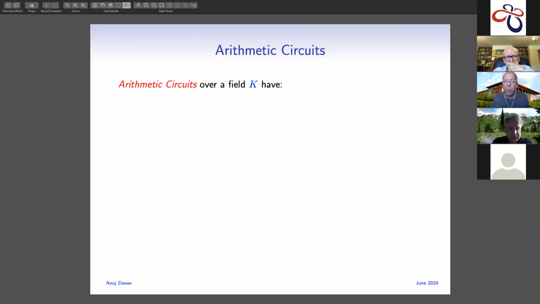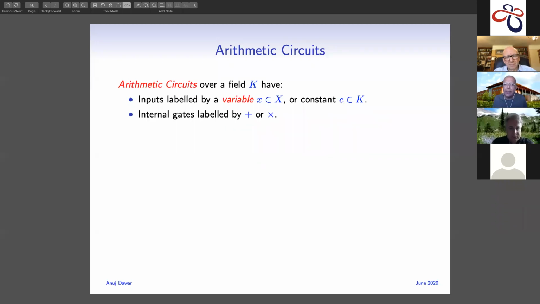So this is the background on Boolean circuits, where we had looked at this relationship between counting width and symmetric circuits. So what's an arithmetic circuit? You fix a field, and we have a circuit now where inputs are variables or constants from this field.